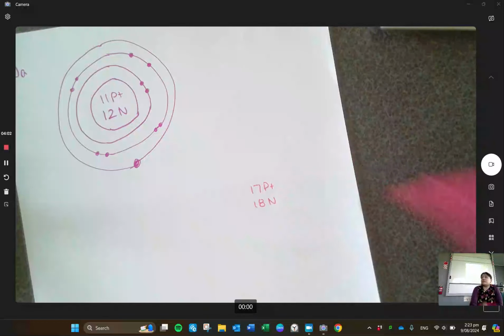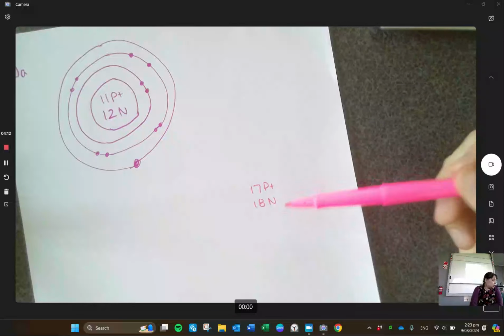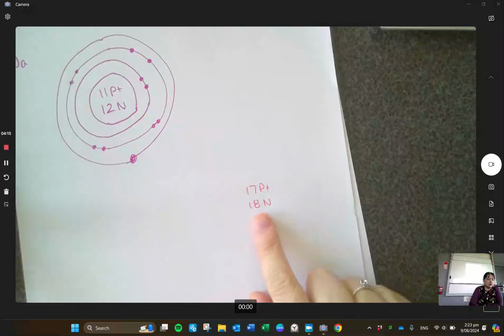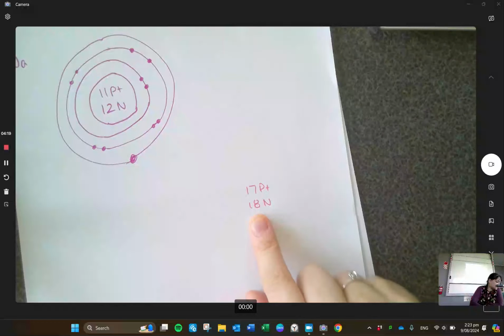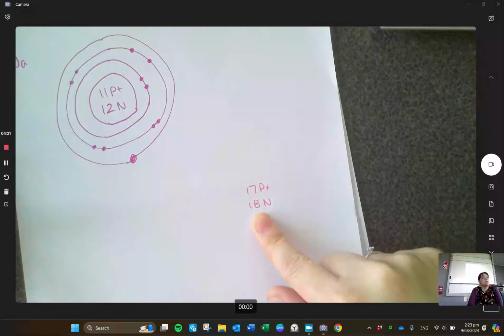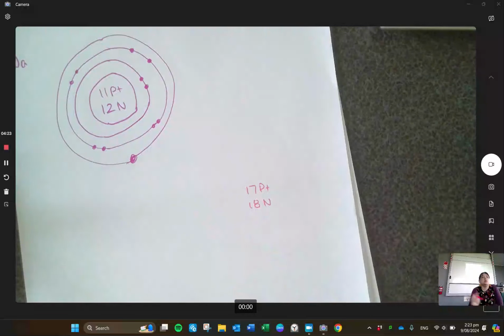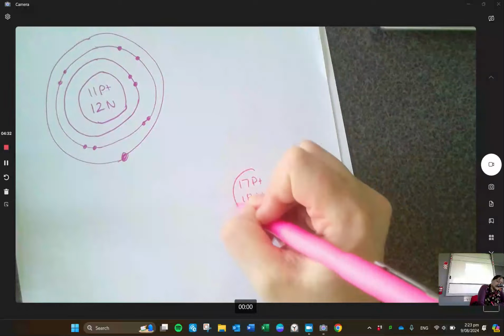The neutron number can vary a little bit with atoms. That is okay. We call those isotopes. So there's different versions of that atom. Chlorine often has 18 neutrons, but it can have slightly less, like 17. And that's still fine. So you find it at different percentages in the environment. So don't stress out about that. Are we good? All right, so that's the isotopes. You'll learn more about that, like I said, in year 13.